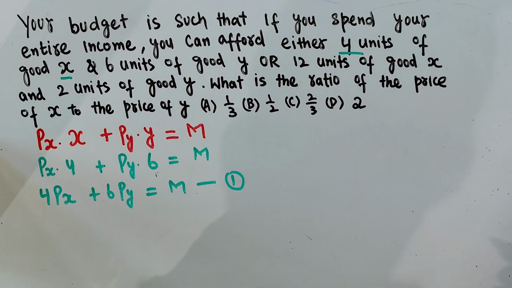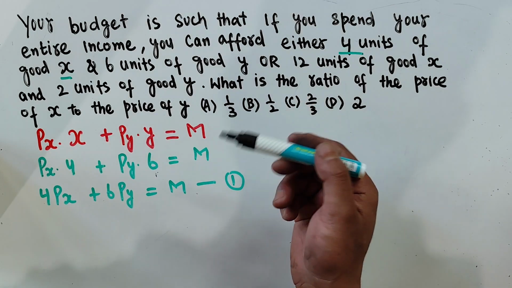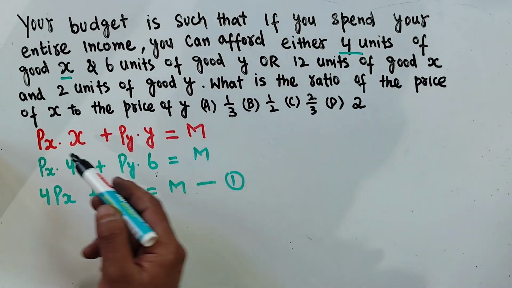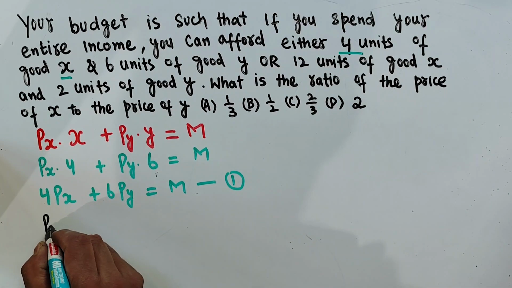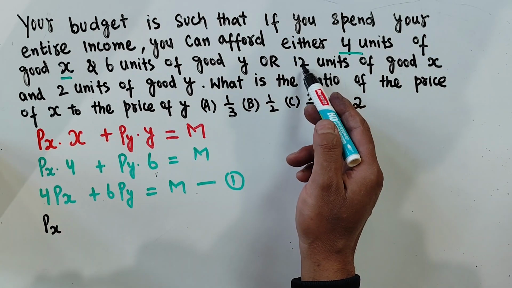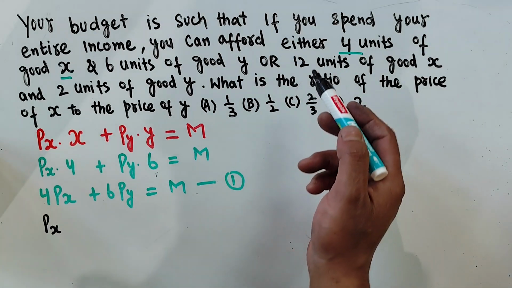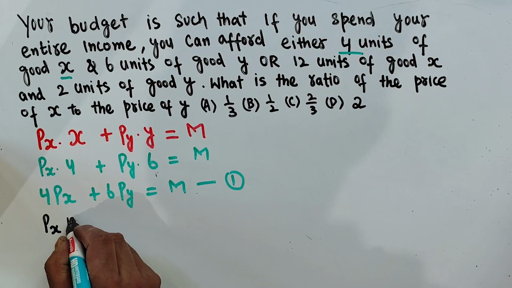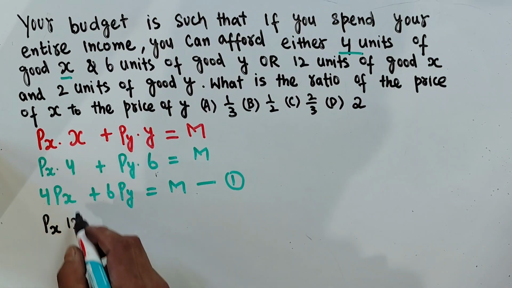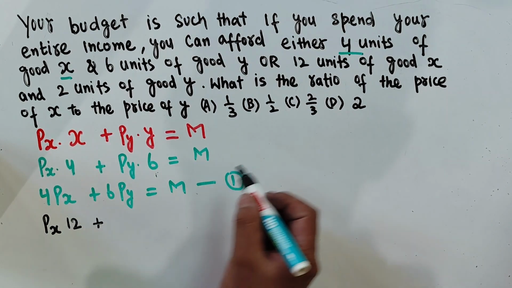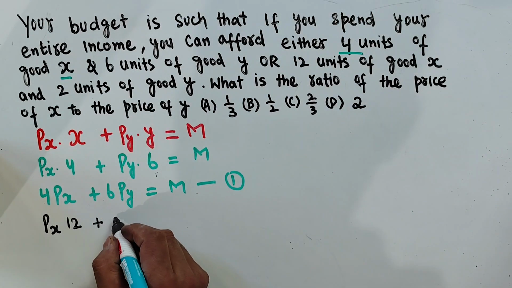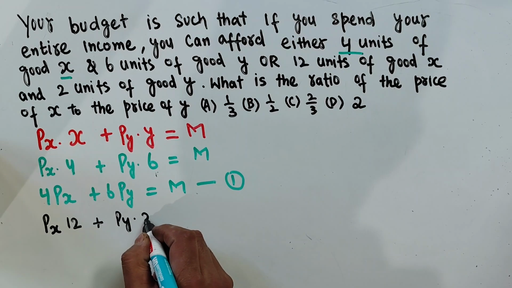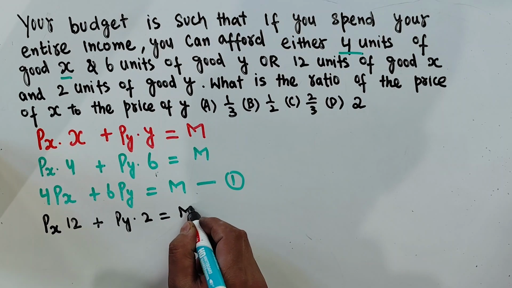Similarly, the next scenario is that we can also afford 12 units of good X. So let's write this equation again. So we have price of X. In this scenario, we are able to purchase 12 units of good X. In place of X I have 12 plus 2 units of good Y, so we have price of Y times 2, and here it should also be equal to the income.